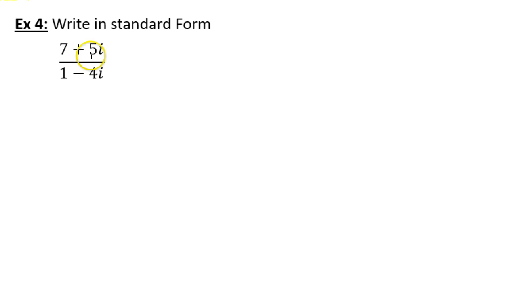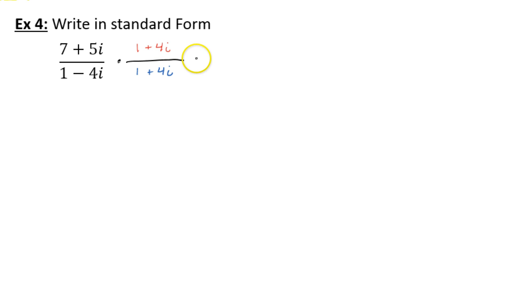Here we have an example, 7 plus 5i over 1 minus 4i. Again, we don't want this complex term in our denominator, so we're going to have to multiply both my numerator and my denominator by this complex conjugate. So in our denominator, my complex conjugate is actually going to be 1 plus 4i. But when you multiply a number in the denominator, you have to multiply in the numerator. So I'm going to multiply that same exact number.